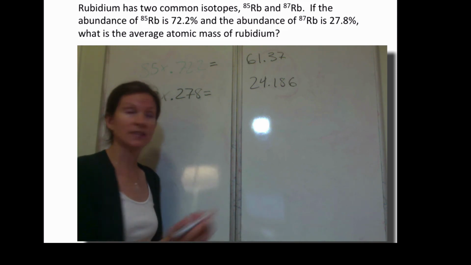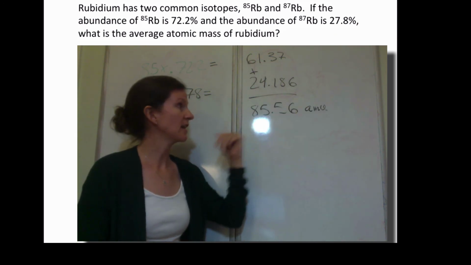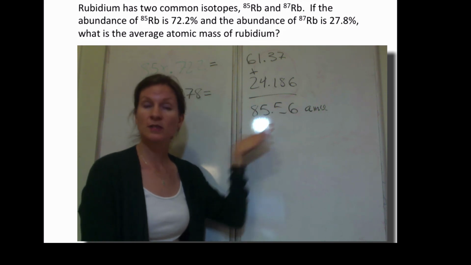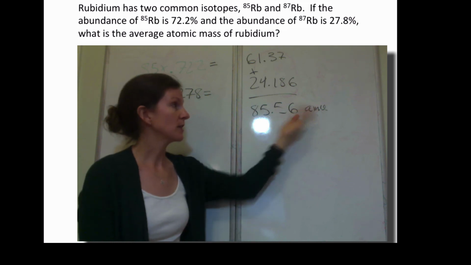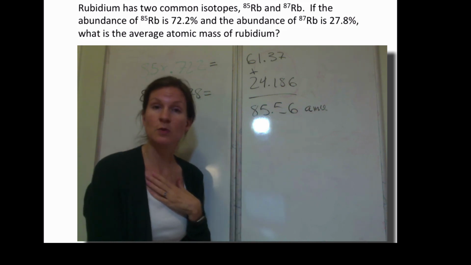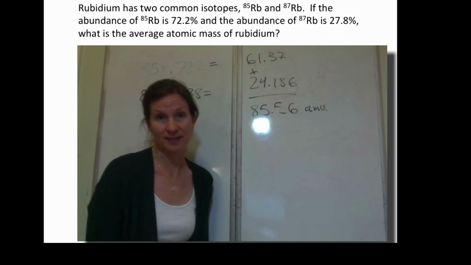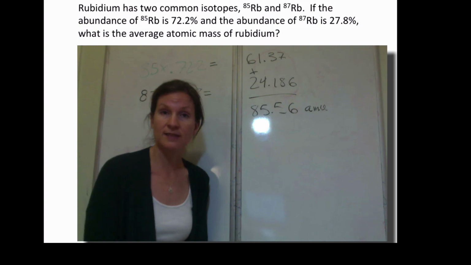To get a final answer, you just add these two numbers together. If you do that, you get 85.556. Round all of these numbers to the hundredths place, place a label on it of AMU because these masses are done in atomic mass units, and that's it. Okay. Go ahead and try the questions on this and have a nice night.